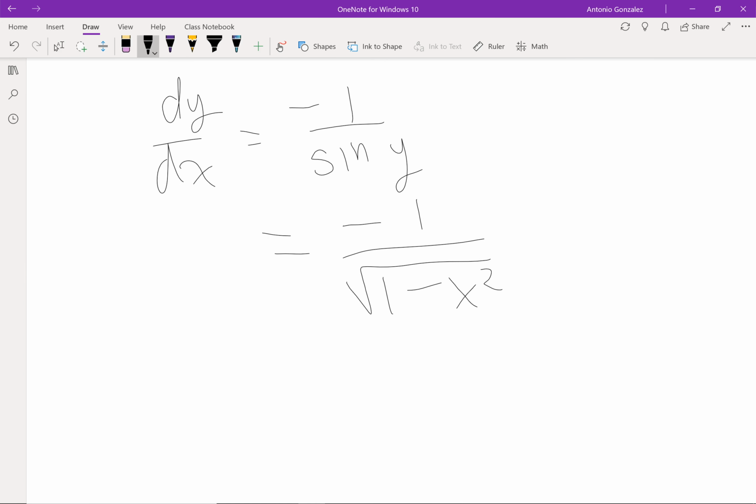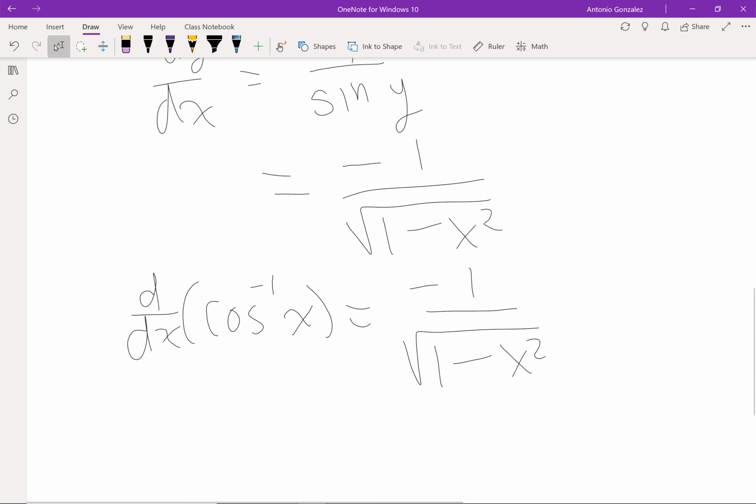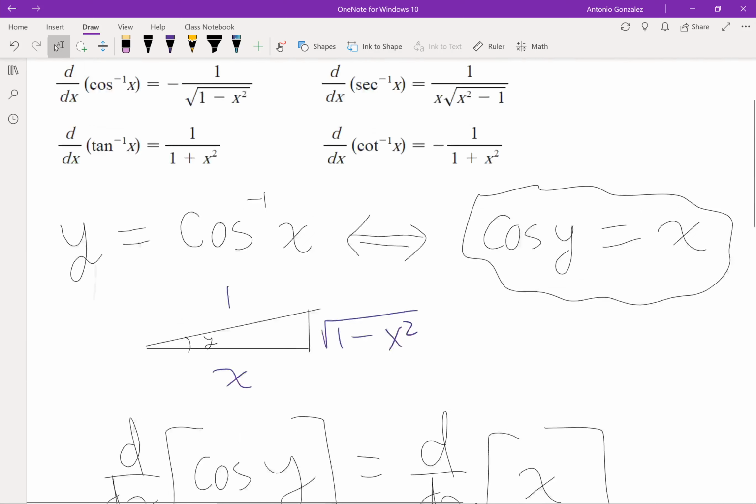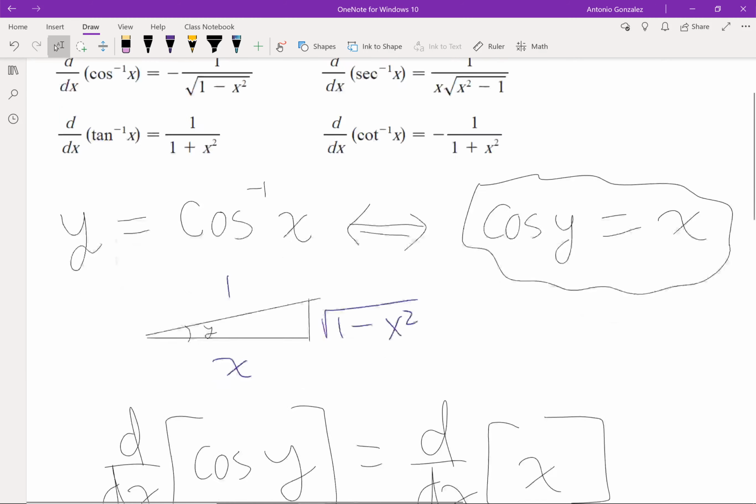So now we have the derivative with respect to x of cosine inverse of x is equal to negative 1 over the square root of 1 minus x squared. Going up to our table, that's one of the ways we arrived at that formula.